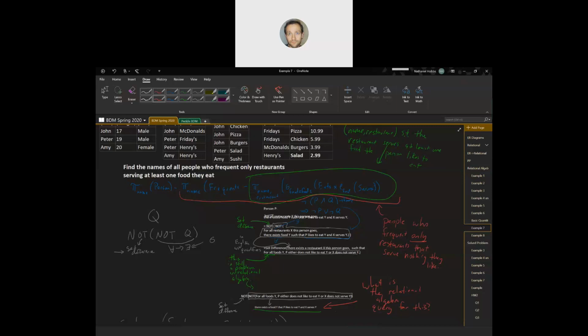But if there's people who only go to restaurants that serve things they don't like, and if you take away from that, or if you remove those people from the group of people who just go to restaurants, then what remains are people who go to restaurants that serve at least something that they like.